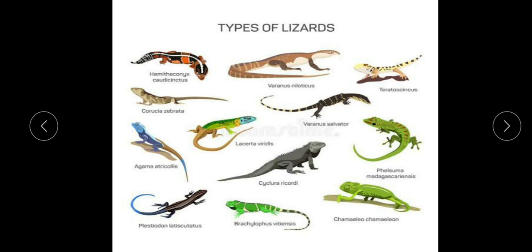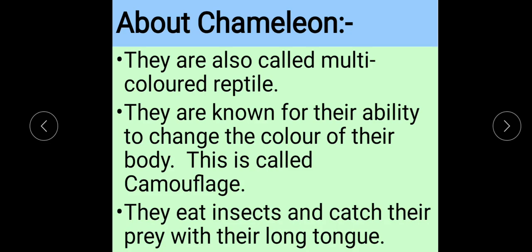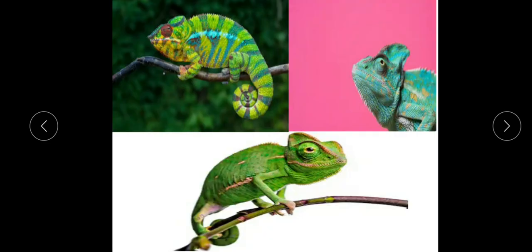Okay, these are some different types of lizards, and this is the home lizard, that is called gecko. Next, if we talk about chameleon, here we can see some different pictures of chameleon.